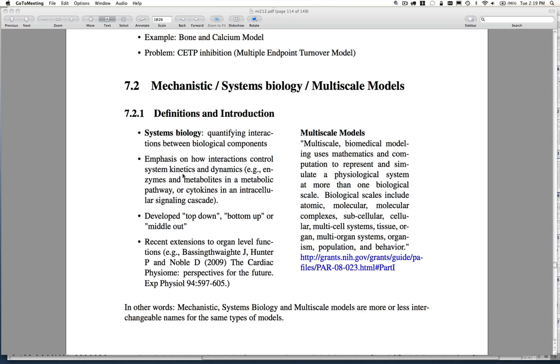If they understand the biochemistry, maybe some of the cell signaling, but they want to go up and figure out what's happening on a cellular or organ or physiome level, then they talk about doing a bottom-up approach.